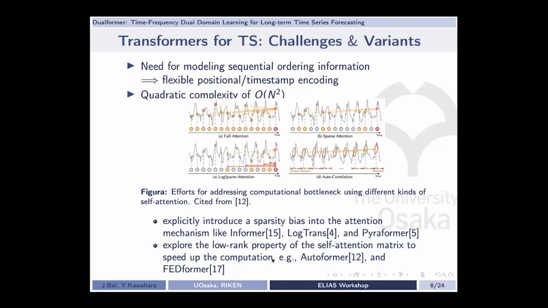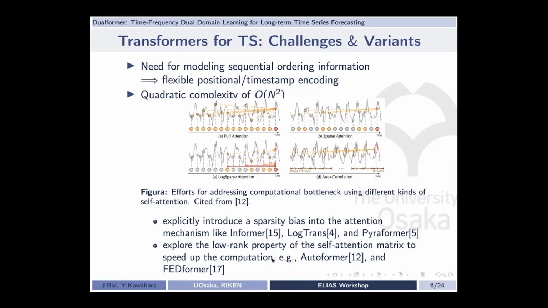Another big challenge is the quadratic complexity of the transformer. Although it benefits from the self-attention mechanism to effectively capture long-range dependencies, there will be a very heavy computational cost. N here is the input time series length.